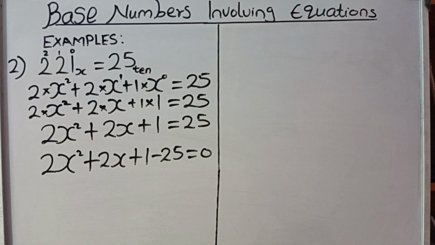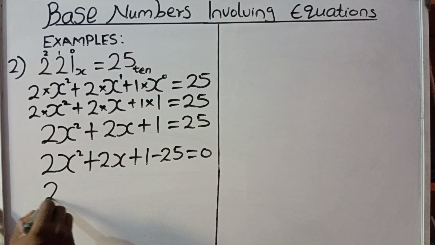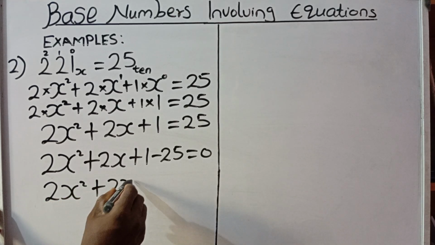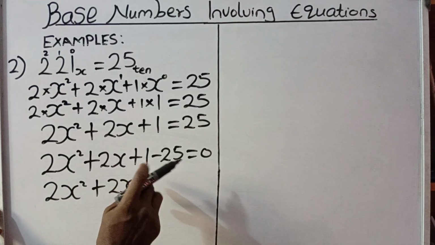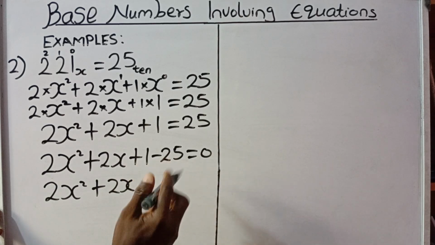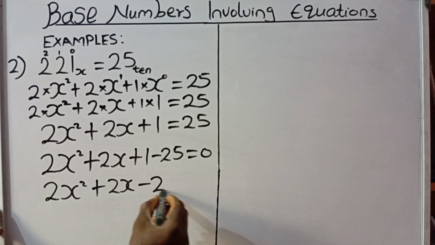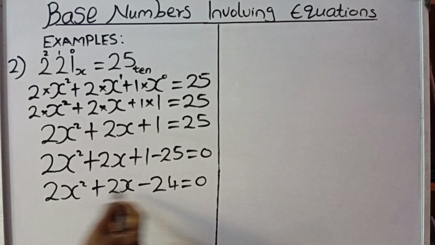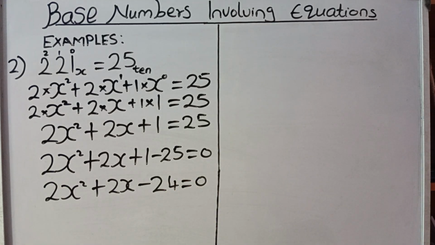So let's move a step further. That gives us 2x squared plus 2x, then minus, because 1 minus 25 will give us minus 24, equal to 0. This is a quadratic equation.